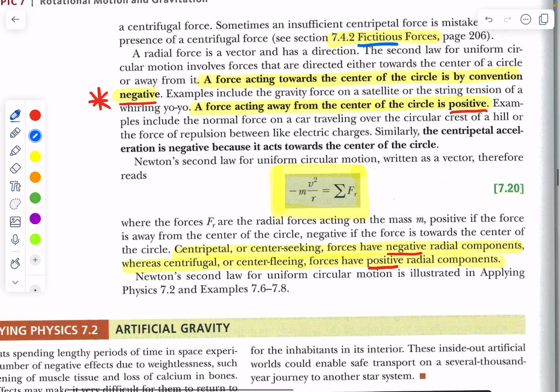Now, a couple of points about convention. Because forces are vectors, we need to designate whether they are positive or negative.